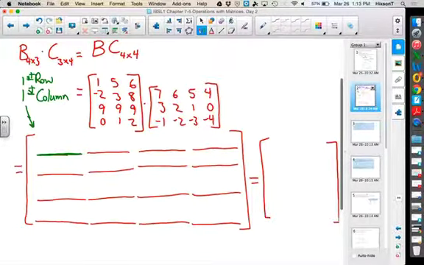Alright? So that's the element that we're dealing with. So what we're going to do, remember we said there had to be the same number of columns in the first as there are rows in the second. Okay? We're going to use the first row of the first matrix and the first column of the second matrix.